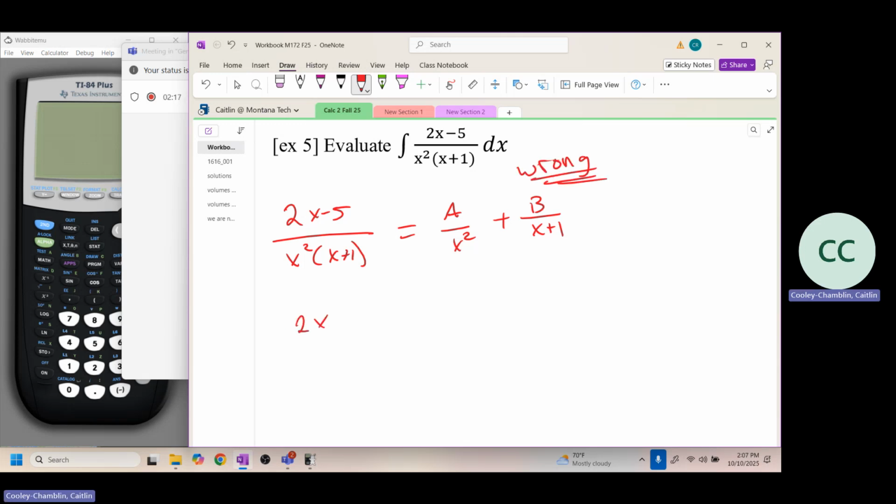And I get 2x minus 5 equals A times x plus 1 plus B times x squared.